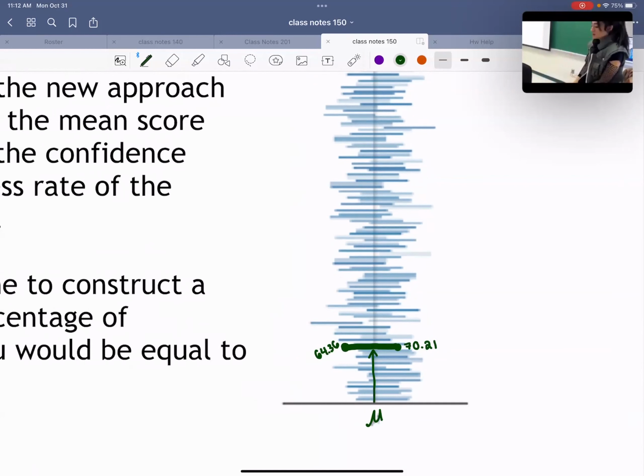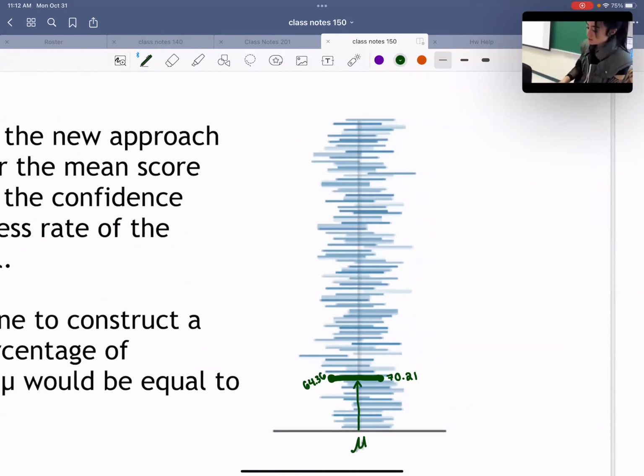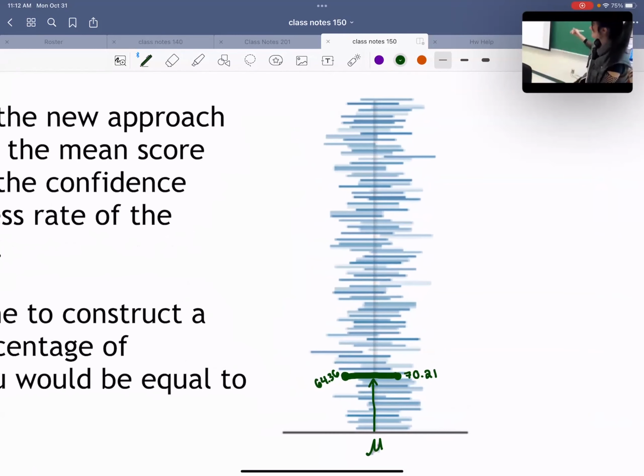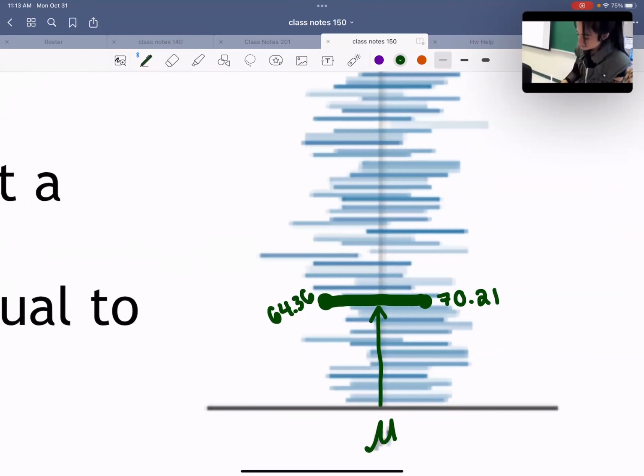Now, what the 95% confidence means is, what if I took different samples? What if I took even more samples, maybe 1,000? So maybe I did 1,000 samples and I found 1,000 different confidence intervals with 95% confidence. Some of my intervals won't contain the population mean.